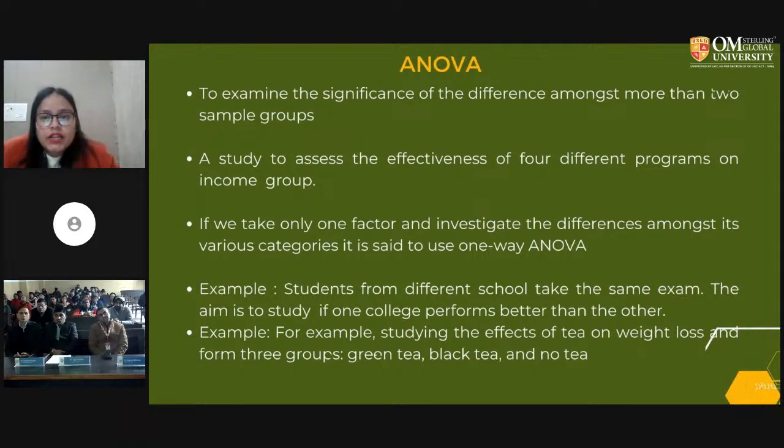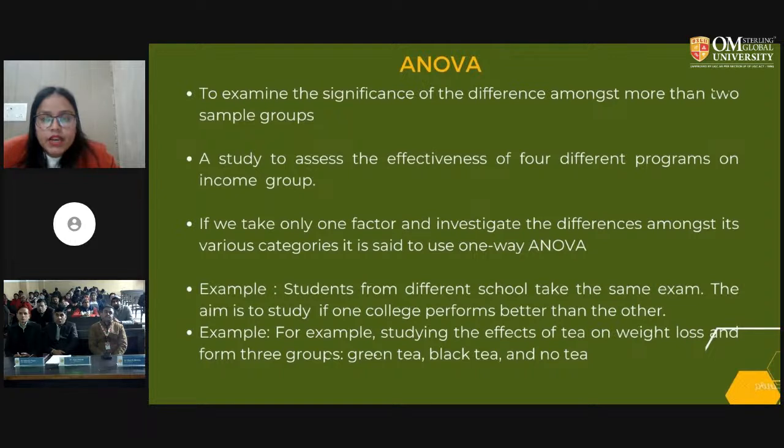We want to study if one college performs better than other, or one college outperforms the other college. So we have different categories, or we have different groups, and we want to study whether there is a significant difference among these groups or not.